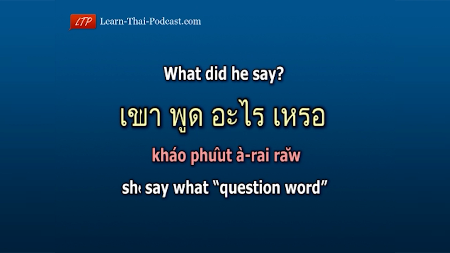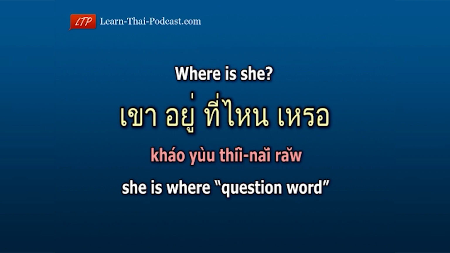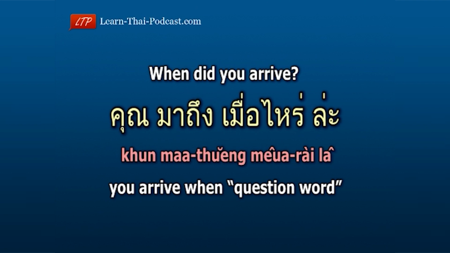Another example. Where is she? เขาอยู่ที่ไหนหรอ She เขา, is อยู่, where ที่ไหน, question word หรอ. She is where question word, เขาอยู่ที่ไหนหรอ Another example.